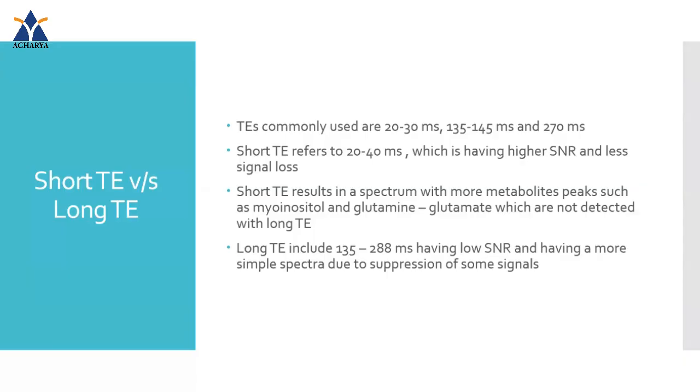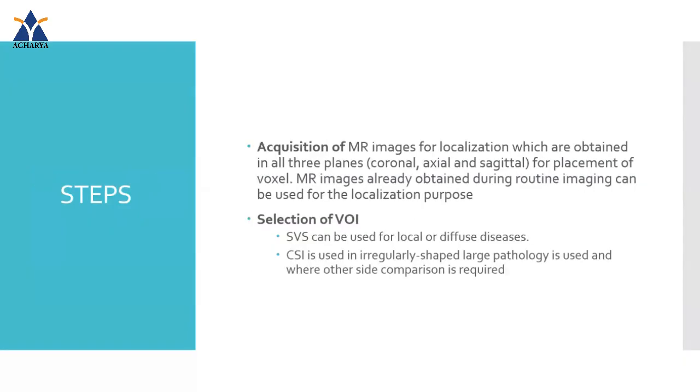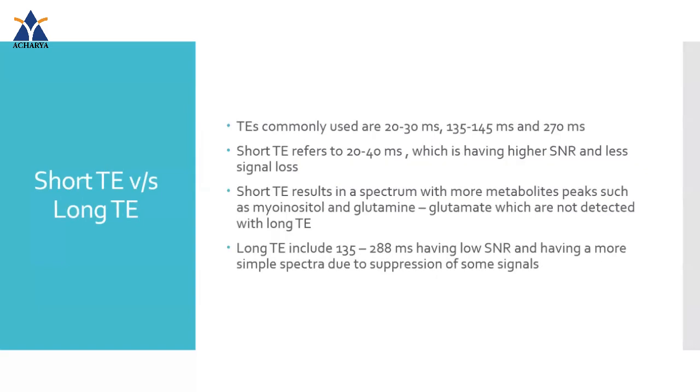By simple, it means that you get only the most common metabolite peaks, not the intermediate ones. There is another concept, intermediate TE, around 135 ms. It is best for tumor grading, where you want to differentiate between benign and malignant tumors.